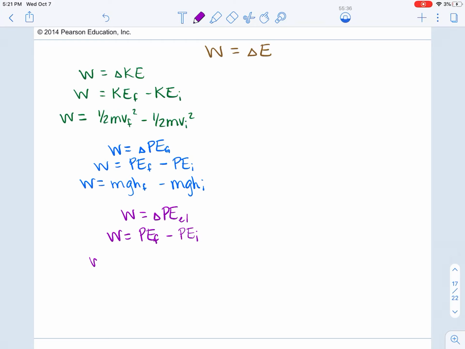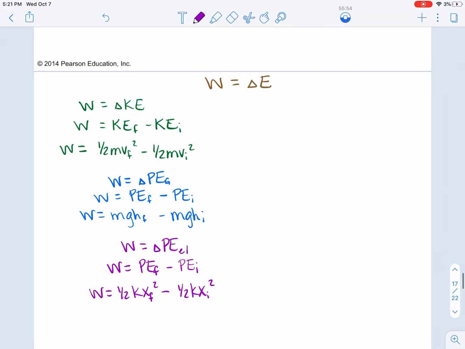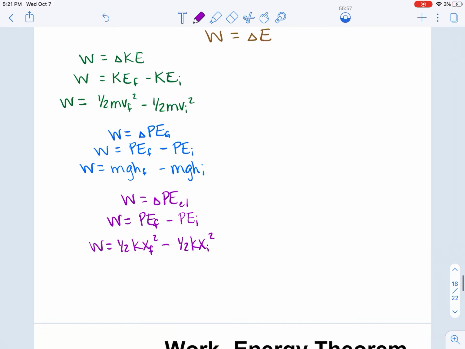But if we're dealing with elastic potential energy, this is going to be 1/2 kx squared, where it's the final displacement of my spring or band, minus 1/2 kx squared, where this is the initial position of my spring or band. And then it would follow the same trend. We would have a greater final position if it was an increase and a lesser if it was a decrease, right? In this formula, it is my displacement that is being squared.